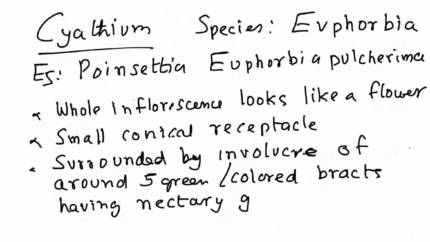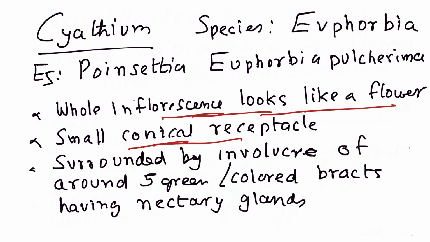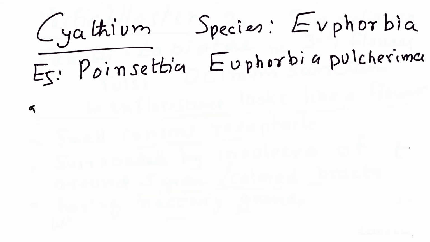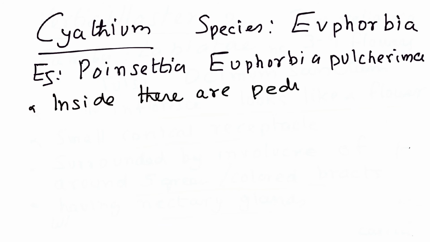So in addition to the whole inflorescence looking like a flower, the second point of the envelope and the nectary glands, the third, a defining feature of the Cyathium inflorescence is the presence of achlamydeous flowers. What do you mean by achlamydeous flowers?